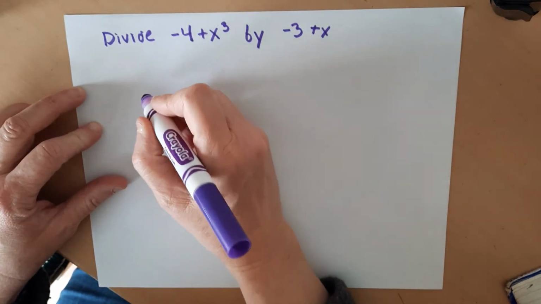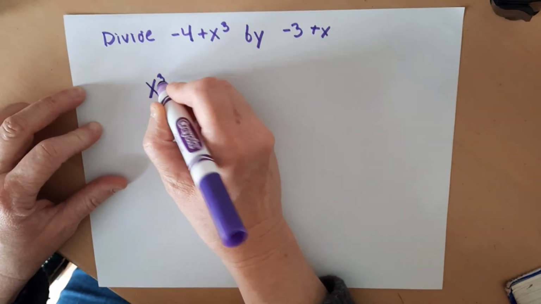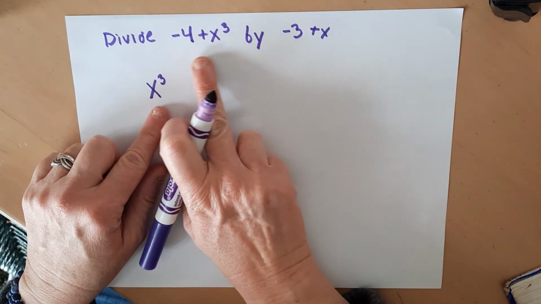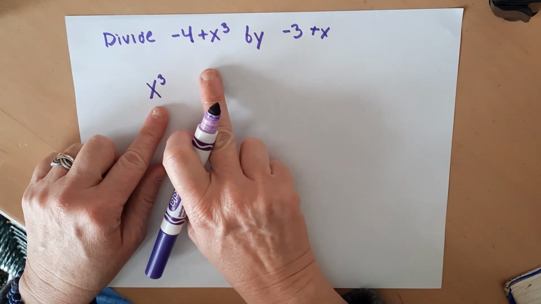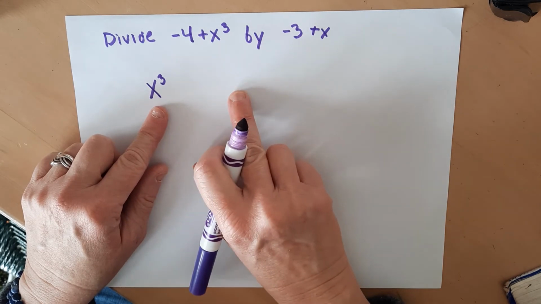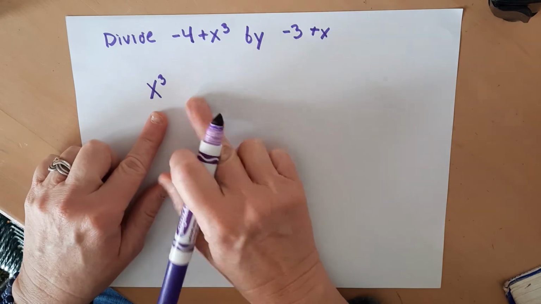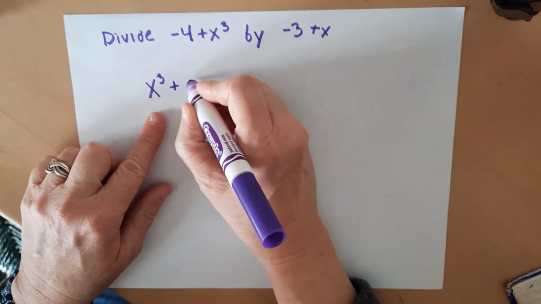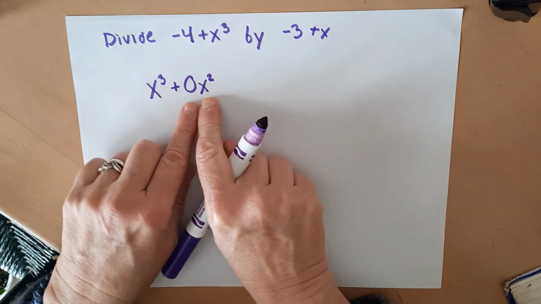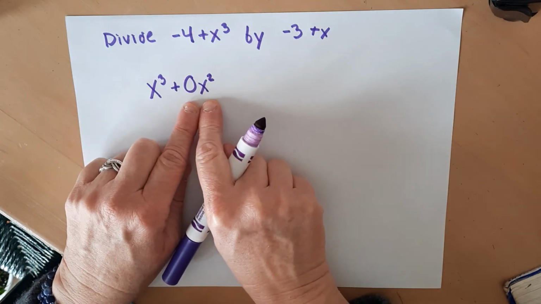So we're going to write that first. It's starting with the positive, so we're going to write an x cubed. We cannot jump all the way to a negative 4 though. We have to somehow indicate x cubed, x to the second, and x to the 1, or just x. So here's how we do that. We're going to add a 0x squared to make sure that the x squared maintains its place.